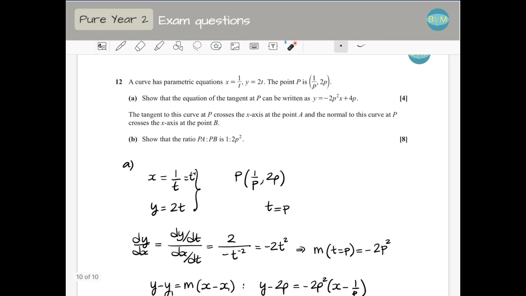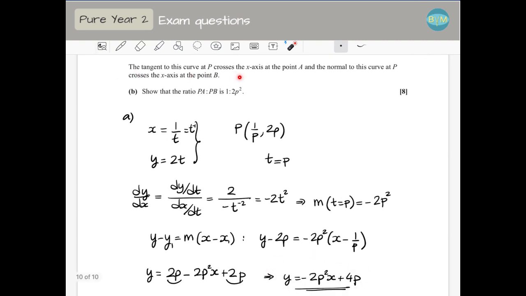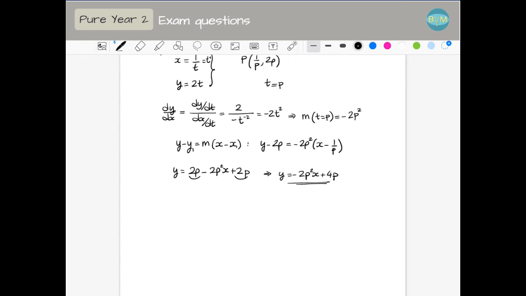Then the tangent to this curve at P, so this line that we just found, crosses the x-axis at point A. The normal to this curve at P as well crosses at another point, point B. And we have to show that the ratio PA to PB is 1 to 2p squared. So I'm going to do a quick sketch of what is happening. So we have our curve. Let's say it's doing something like this.